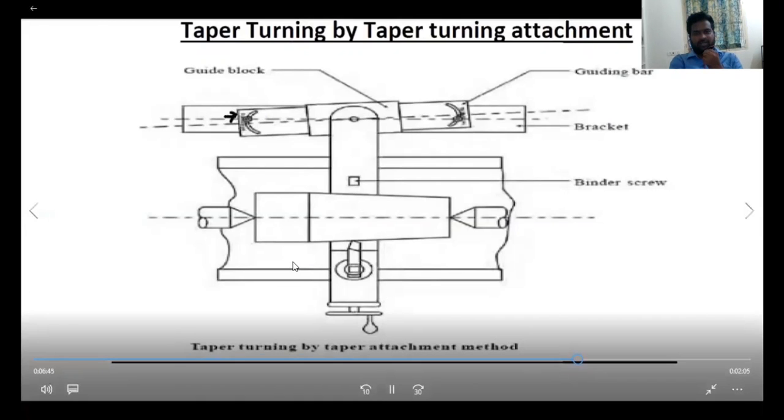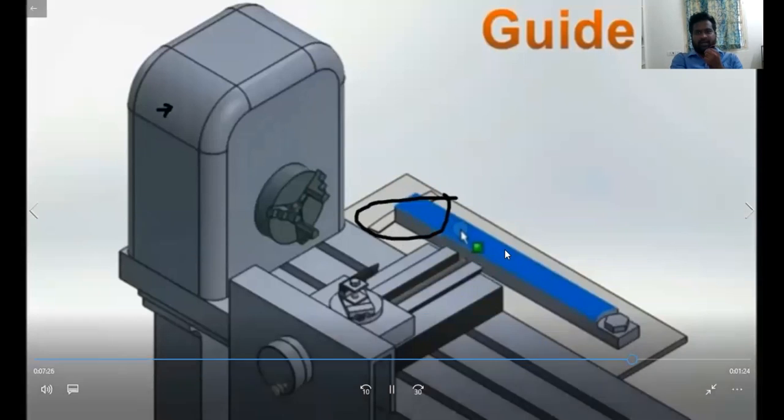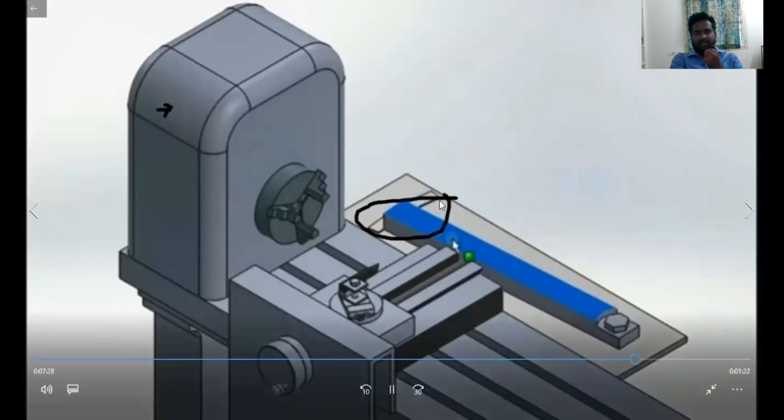That is in this direction only. But automatically it has some inclination with this guide bar attachment. For that reason, we are having this direction, right?